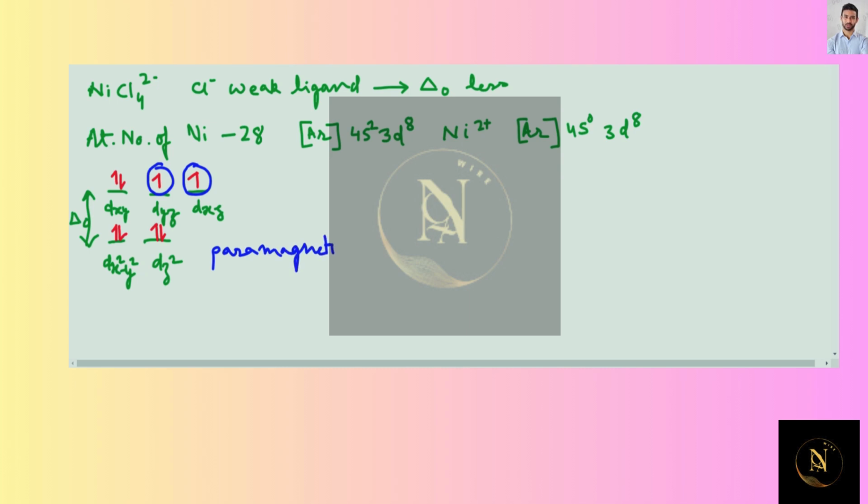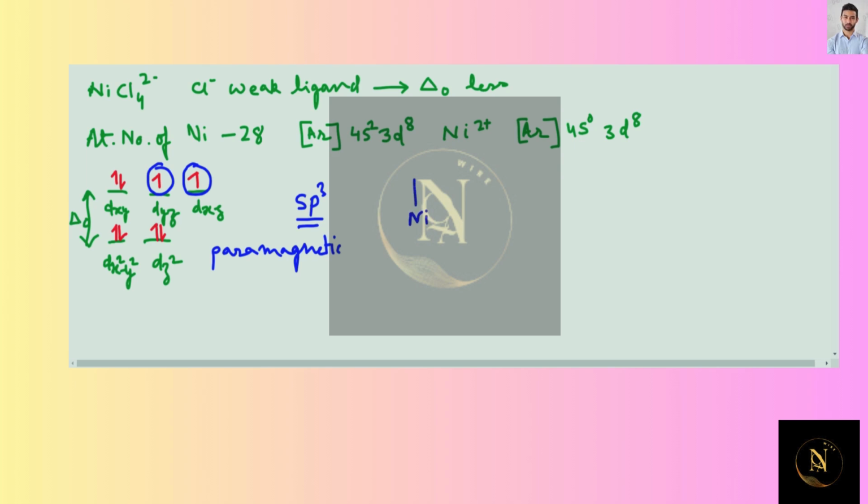Now when it is paramagnetic, d orbitals are not disturbed. That means the hybridization should be sp3. When hybridization is sp3, the geometry is tetrahedral.